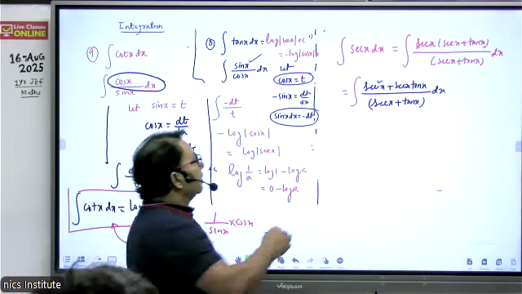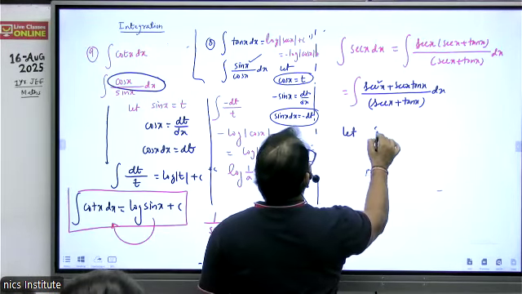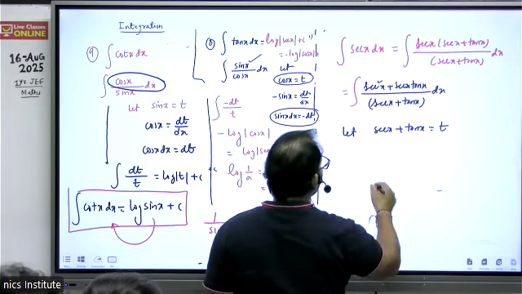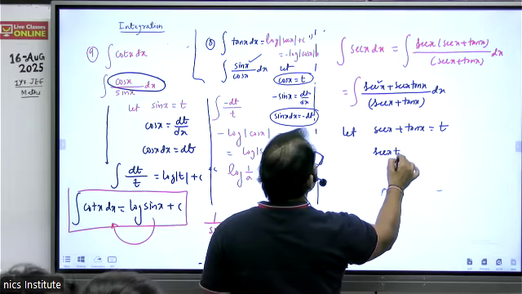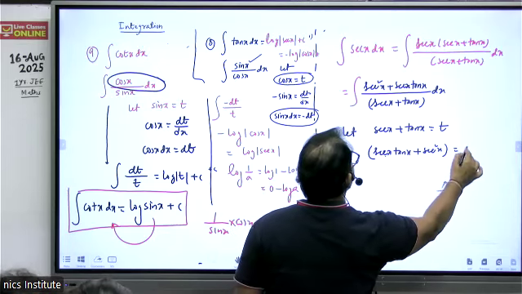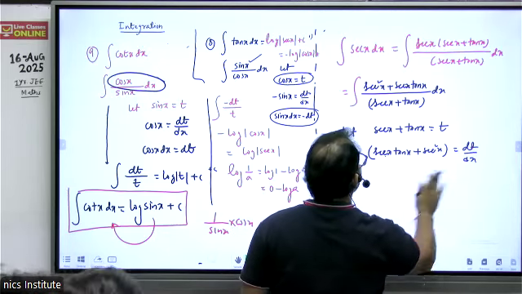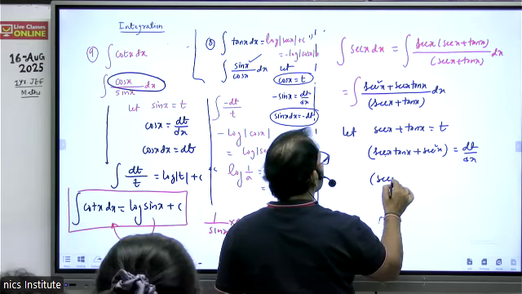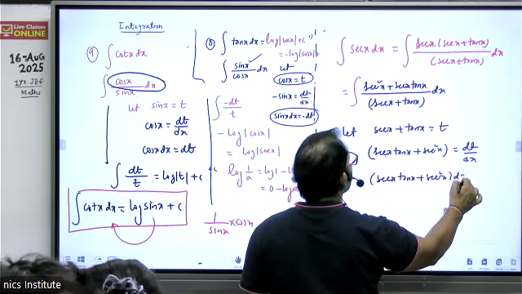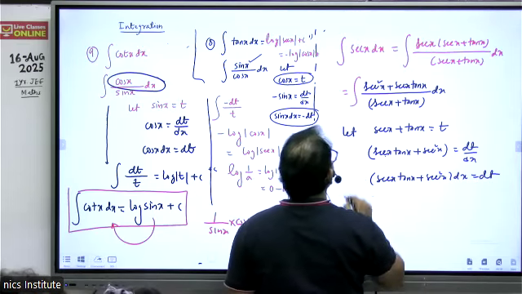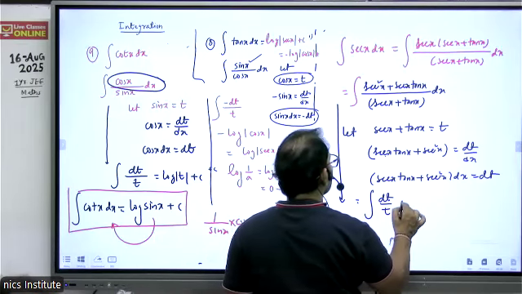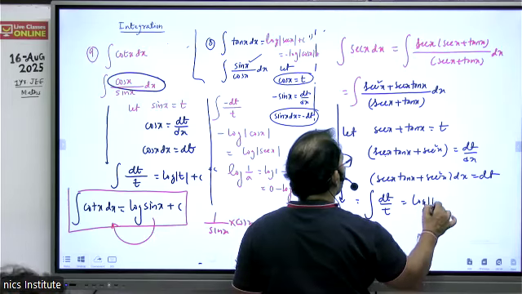That means let sec x plus tan x equal t. Differentiating, sec x tan x plus sec square x is equal to dt by dx. That is, sec x tan x plus sec square x dx is dt. So this question now reduces to dt by t, log of mod of t.